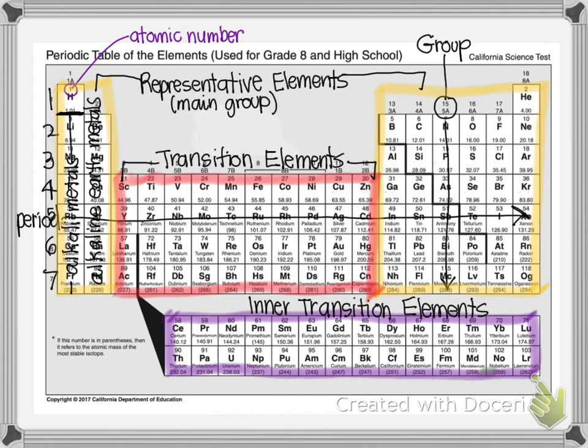So those are the 2 on that side. Then going to the right-hand side, group 7A is called the halogens. And group 8A are called the noble gases. So these are all the names that I went over in the previous slides that you need to learn.